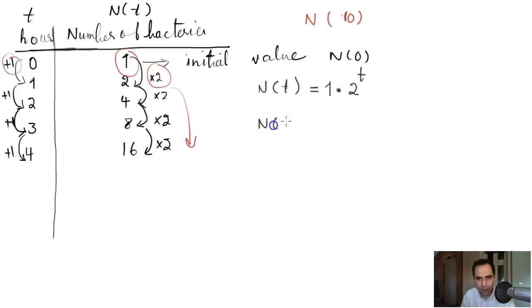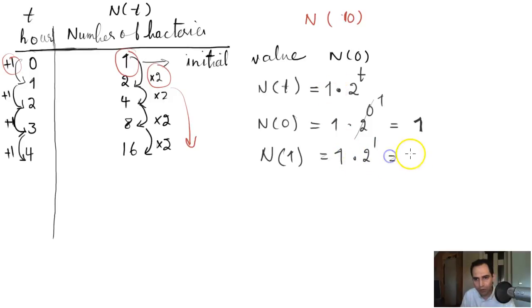So n of 0 is equal to 1 times 2 raised to the power 0. So 2 to the 0th power is equal to 1. So 1 into 1 is equal to 1. Now if I increment my input by 1, it is again 1 times 2 raised to the power 1, which is equal to 1 times 2, which is equal to 2.